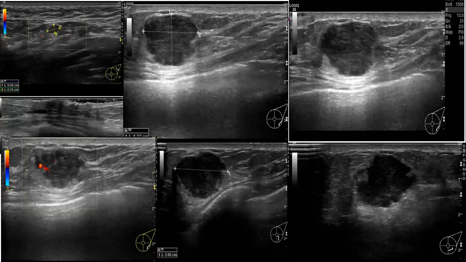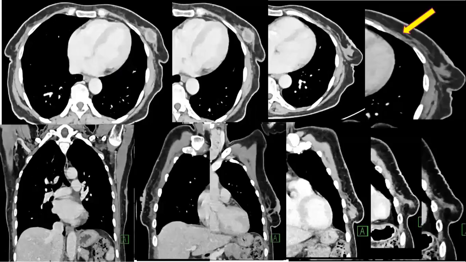And this small ductal extension was also missed, reported as a unifocal lesion with this measurement, without this area of ductal extension. Okay, and this is her CT chest, also a second miss. If you look here, this is the lesion, and these are ductal extensions.